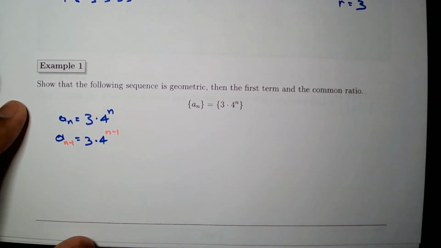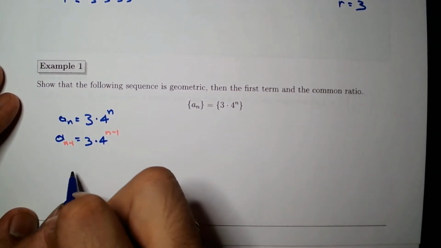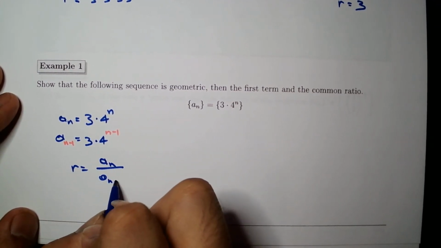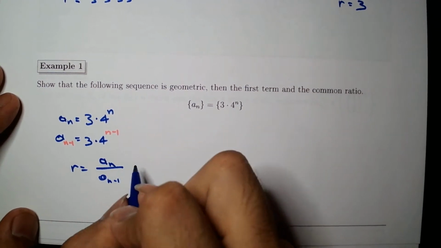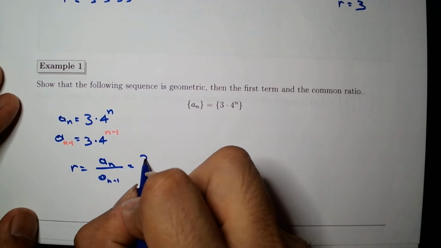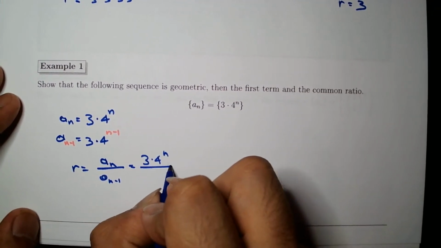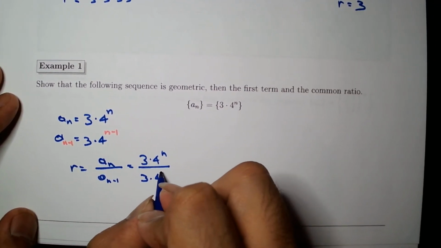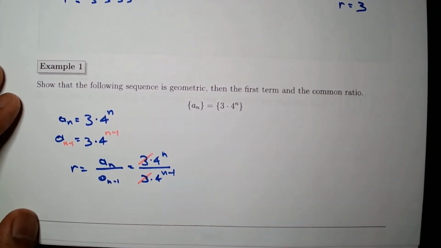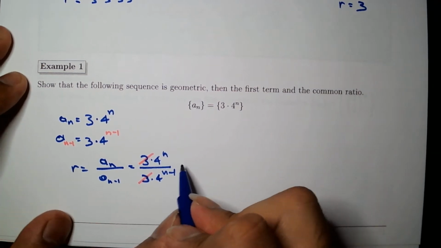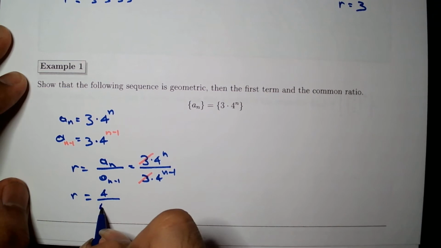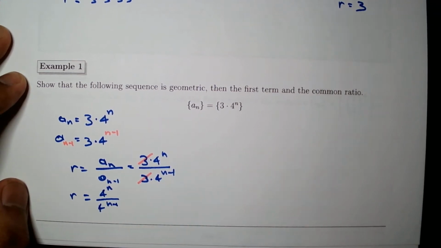We are going to compute the quantity r equals a sub n over a sub n minus 1, and in this case, we'd better get a constant. So 3 times 4 to the n power over 3 times 4 to the n minus 1. Right away we can simplify the 3's, and we're going to have 4 to the n over 4 to the n minus 1.